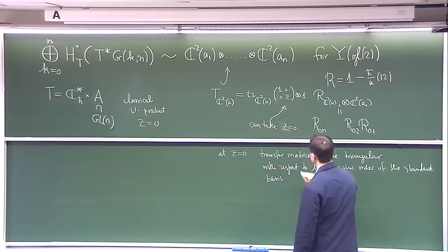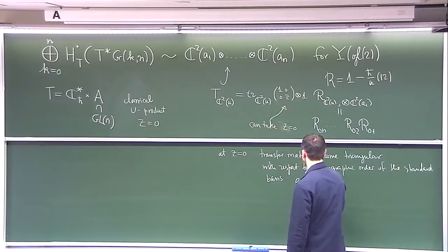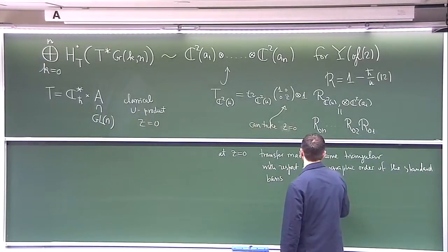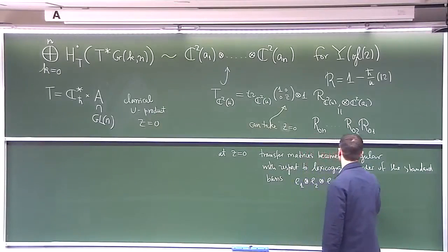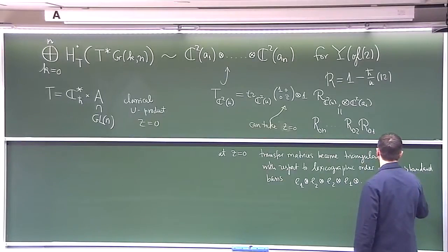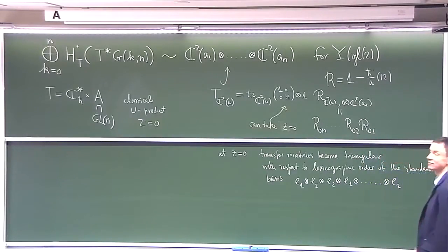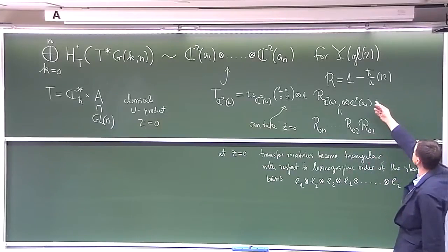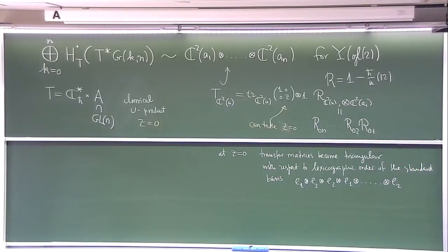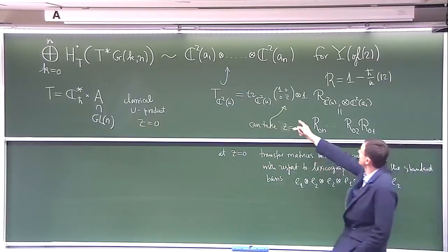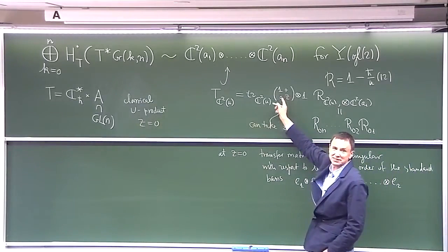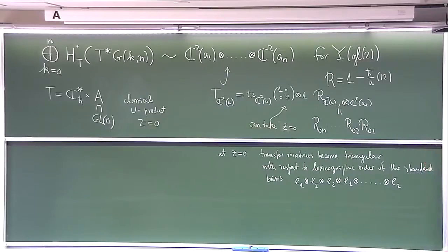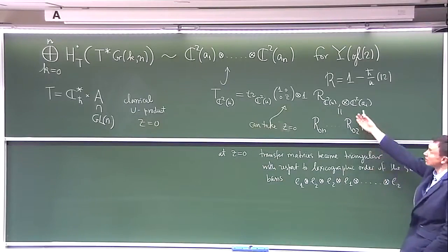So the standard basis on the tensor product is like some sequence: e1 tensor e2 tensor e2 tensor e1, something like that. So in a tensor product, if you pick a standard basis, the basis in which this operator is written, and you take the tensor product, then these operators are triangular.